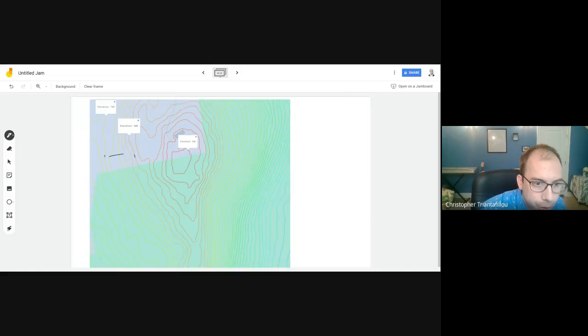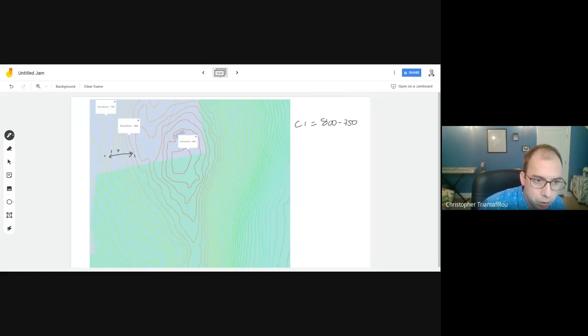So what we could do to find our contour interval is take 800 minus 750 and count how many lines there are.